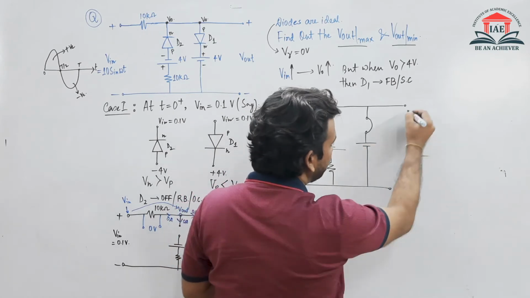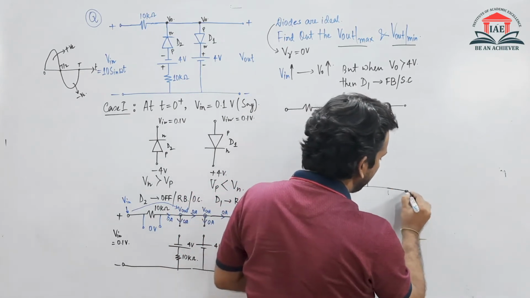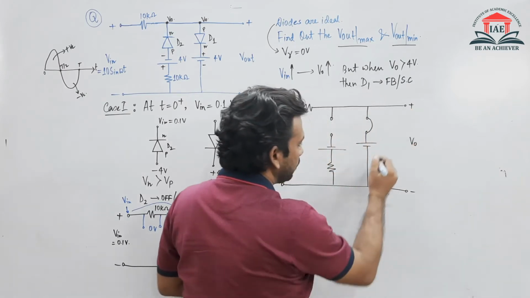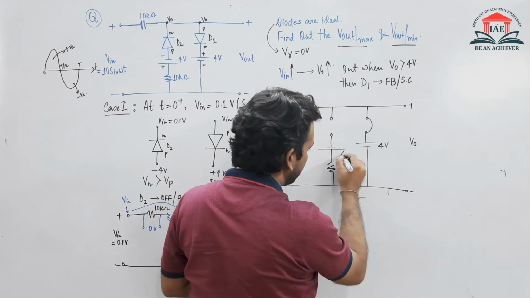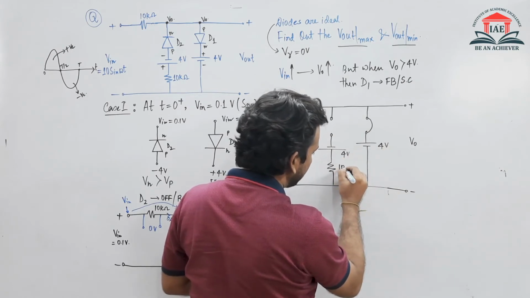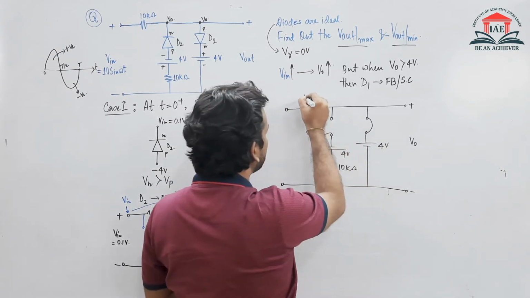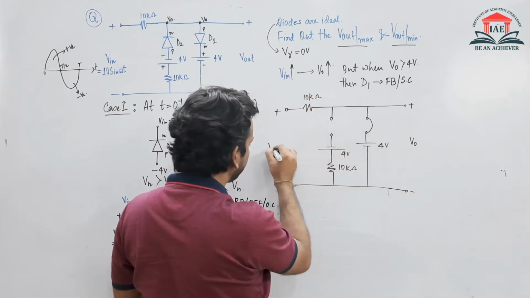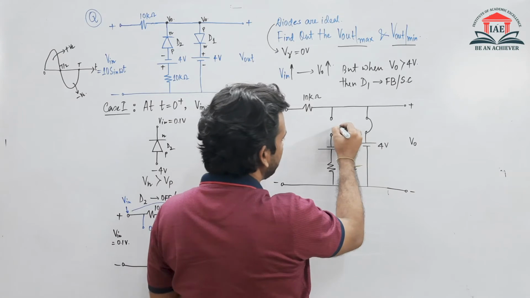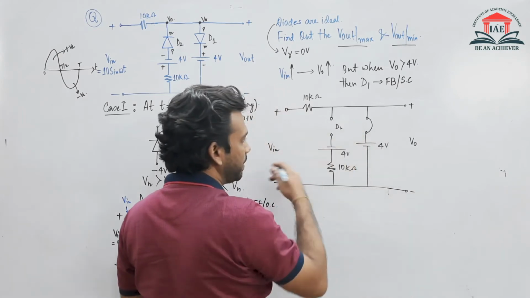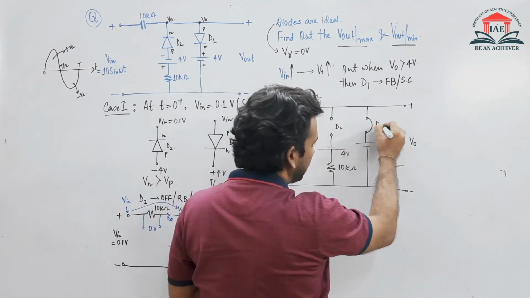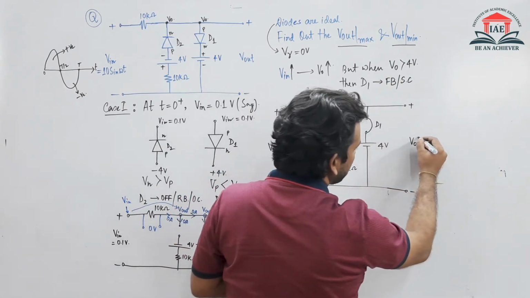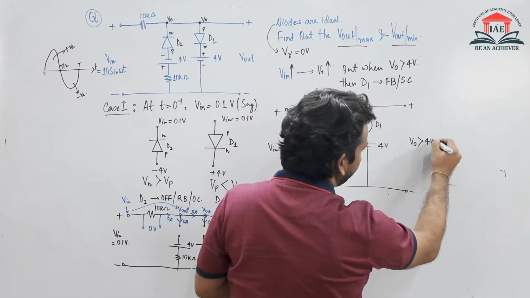This is the output voltage right now. This was 4 volt, this was 10 kilo ohm, this was the input voltage, and this was the D2 diode which was open circuited, and this was the D1 diode which was short circuited because V output is greater than 4 volt.